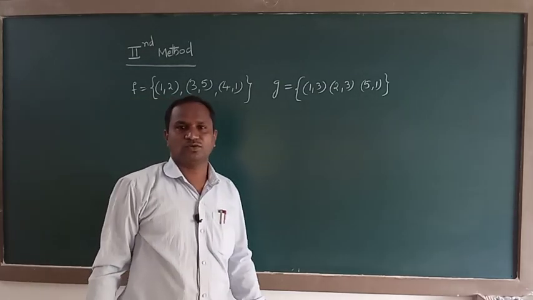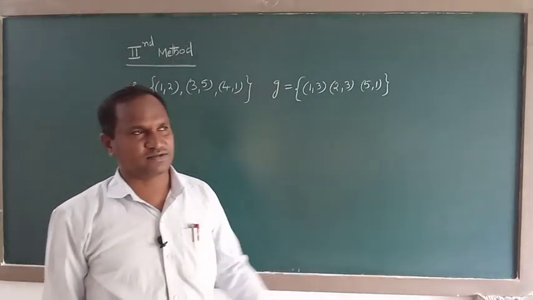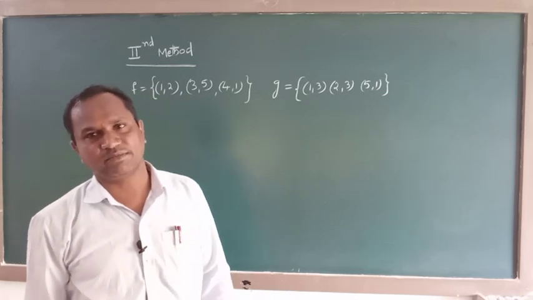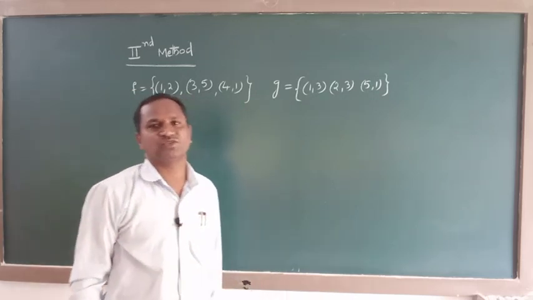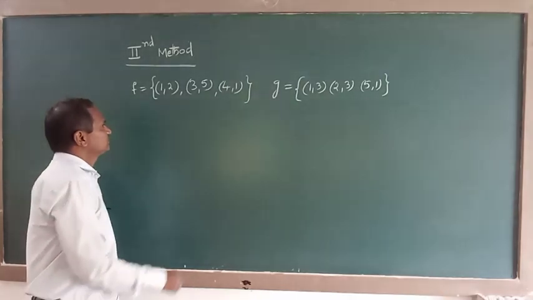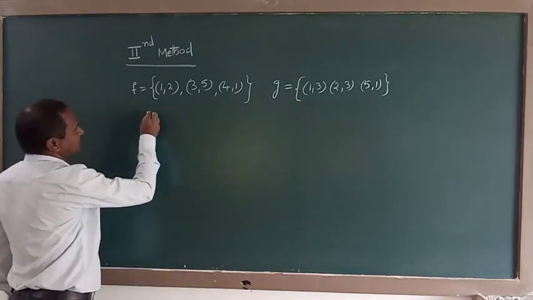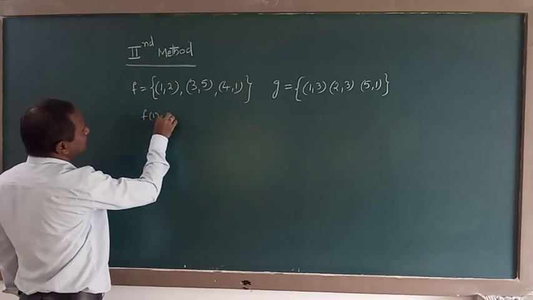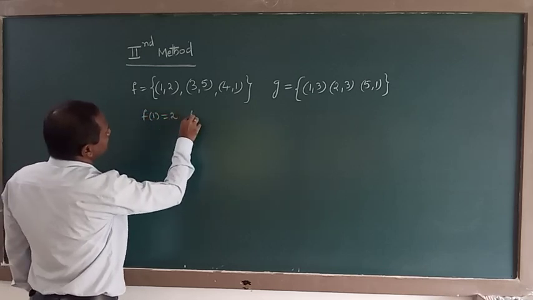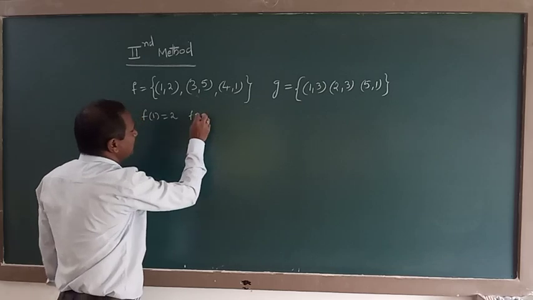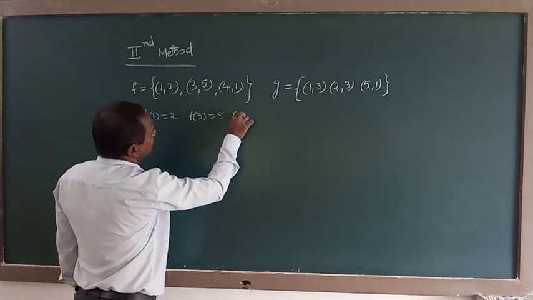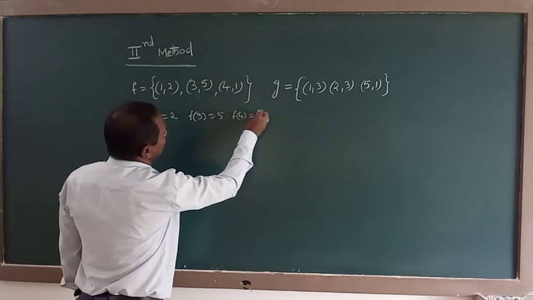The first method I told you through the diagram. We got some answers: 1, 3, maybe 3, 1 and 2, 3. The same elements you will get here also. See here, I will show you. In this function, f of 1 is equal to 2, f of 3 is equal to 5, f of 4 is equal to 1.